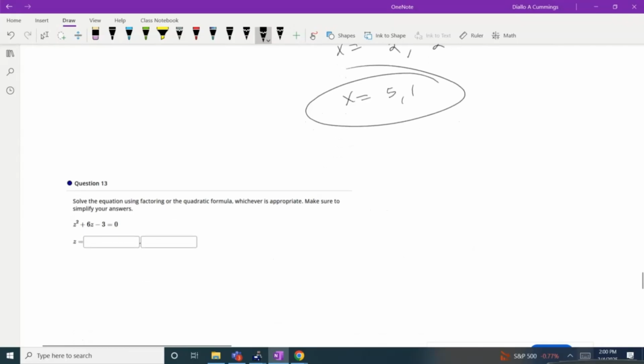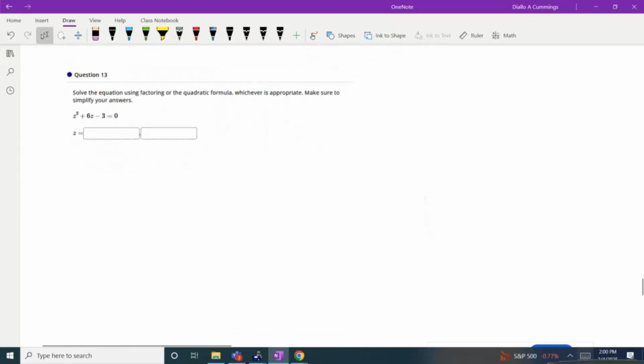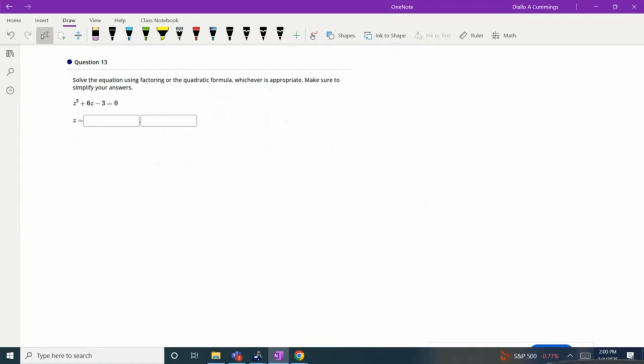All right, now the last thing is, what is number 13? Now this one actually says to use the quadratic formula. When it actually asks you to use the quadratic formula, that kind of implies that you can't factor.